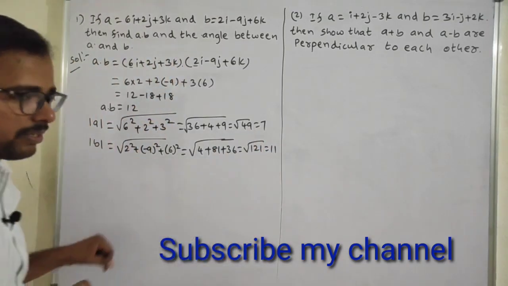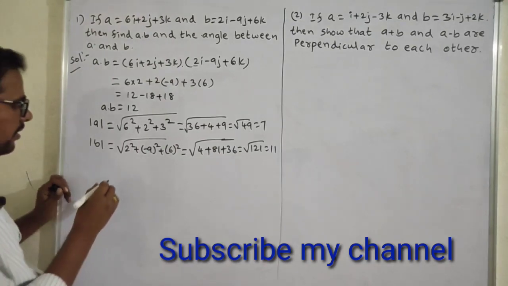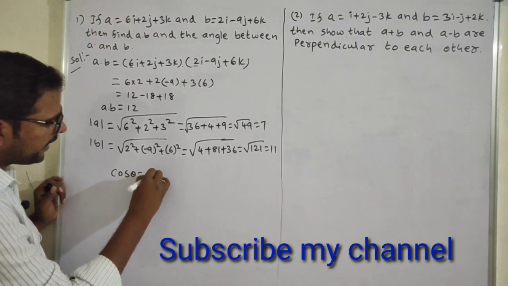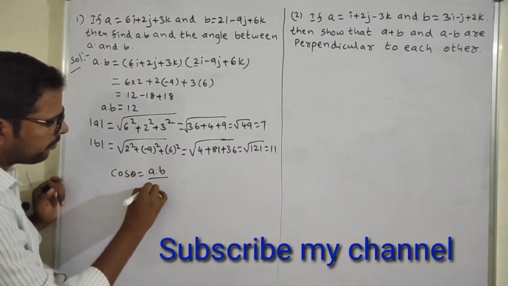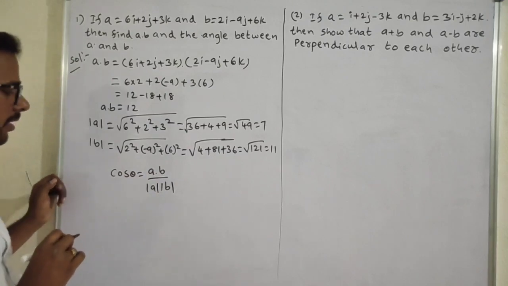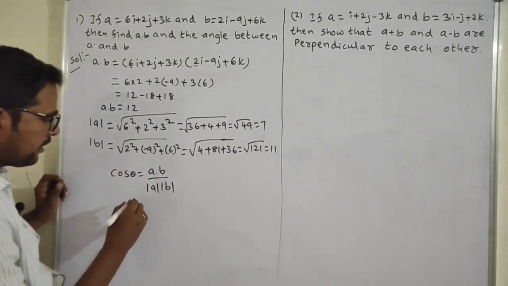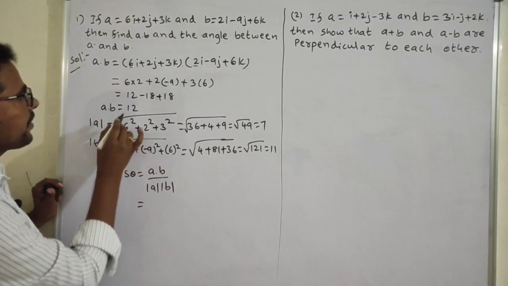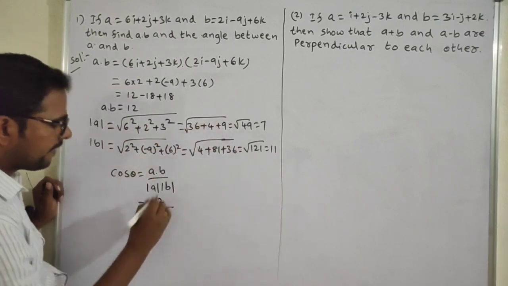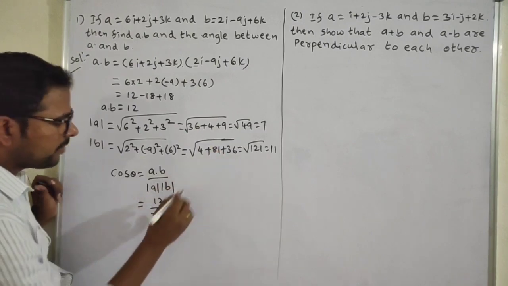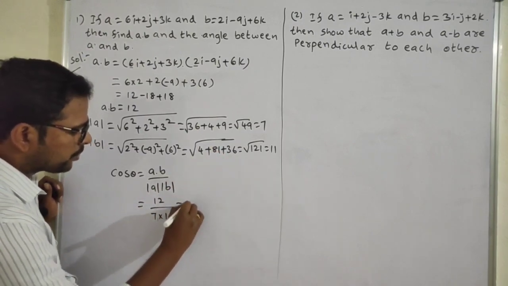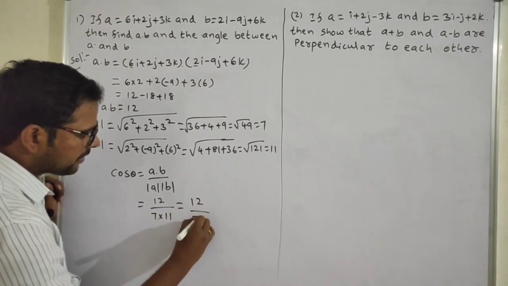This is 11. So what is the cos theta formula? The angle between two vectors, cos theta is equal to, what is the formula? A dot B by mod A mod B. Now substitute the values. What is the A dot B value? 12. 12 by mod A value 7, mod B value 11, so 7 into 11 is 77.